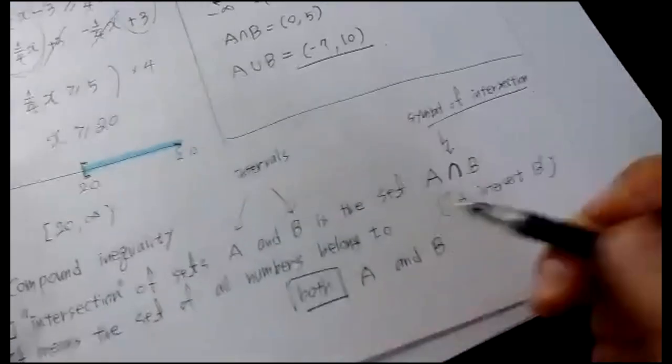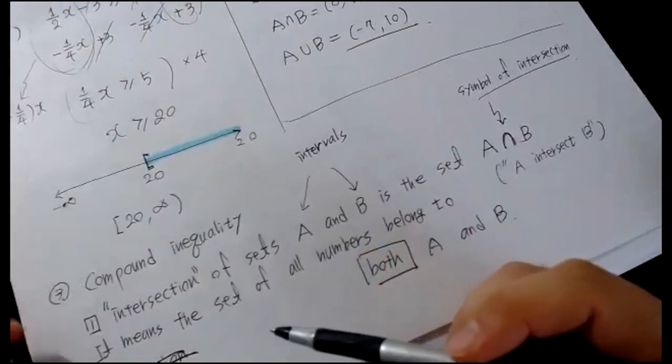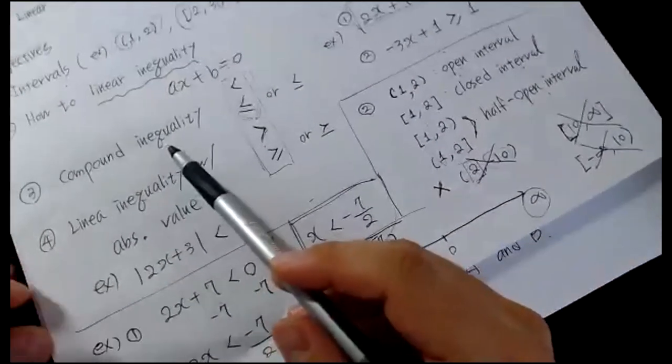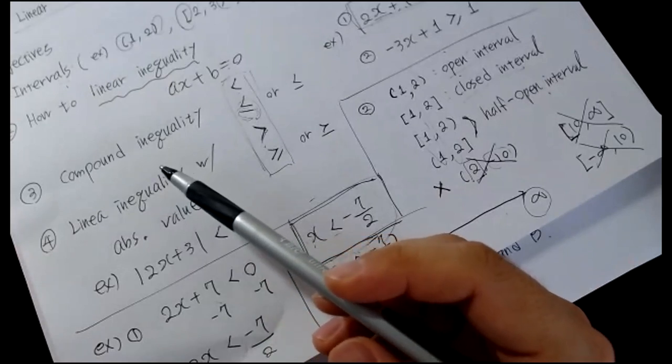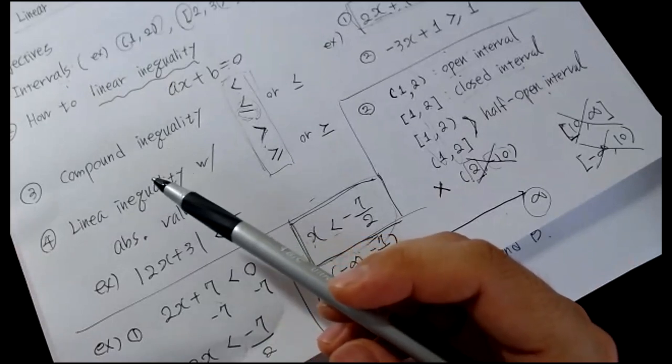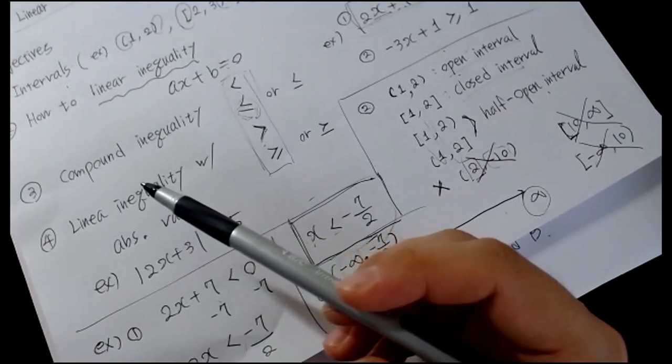By the way, why do we need to study the intersection and the union? Because when you solve compound inequalities, we have to deal with two linear inequalities. That means we're going to deal with two solution sets.